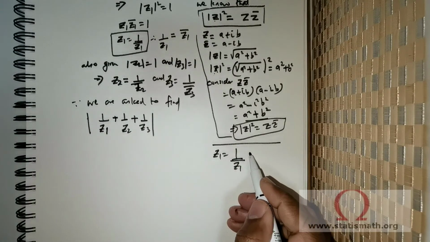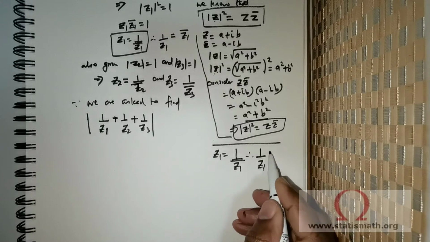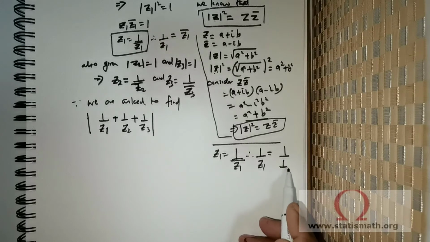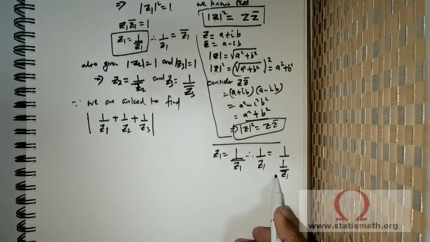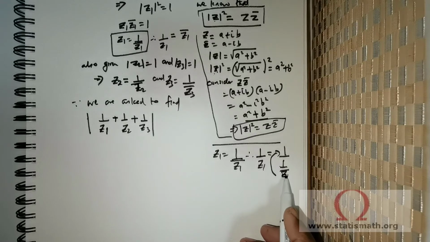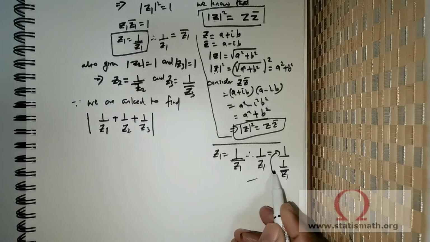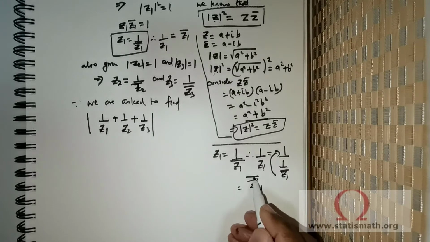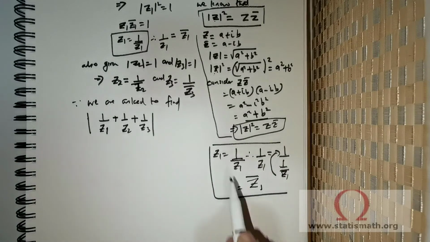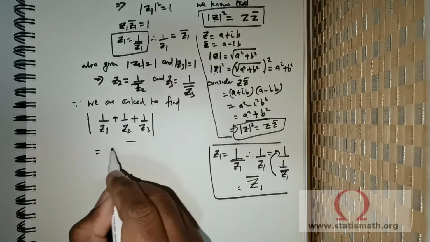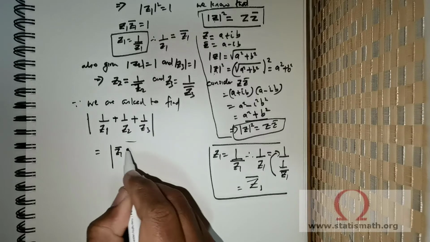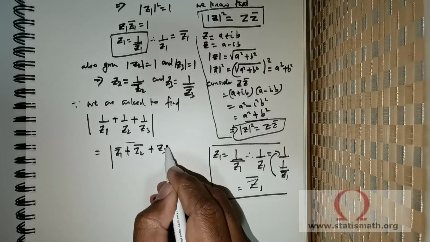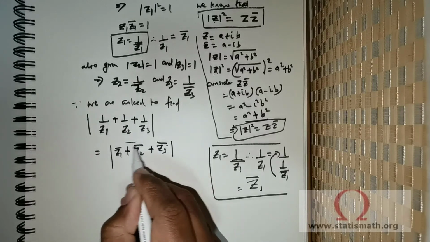So if I were to consider 1 over z1, that is 1 divided by, in place of z1, I'm going to substitute 1 over z1 bar. If I were to flip this, 1 over z1 bar would be moved to the numerator. It's going to become z1 bar. That is the property that I would be using here. So the sum is going to be z1 bar plus z2 bar plus z3 bar.